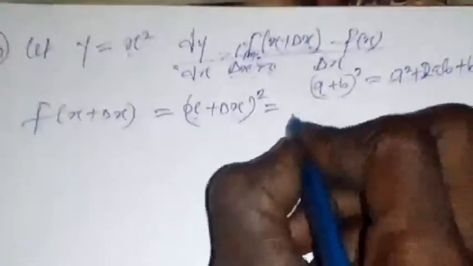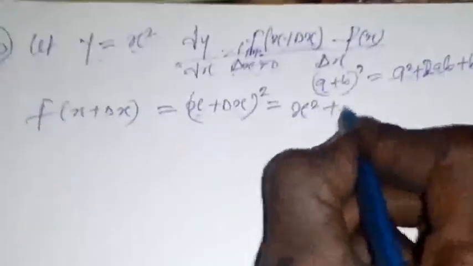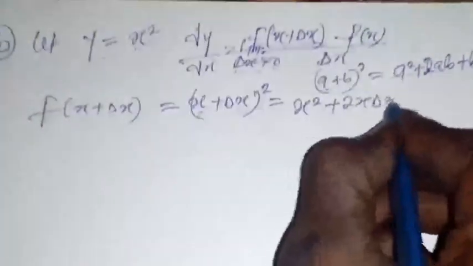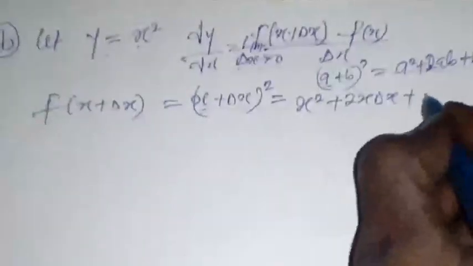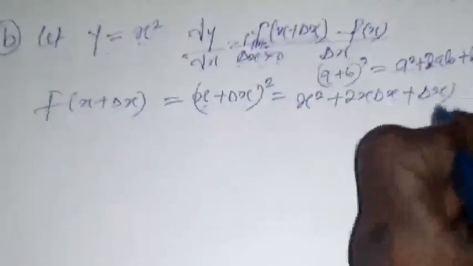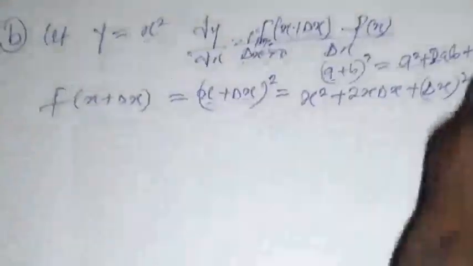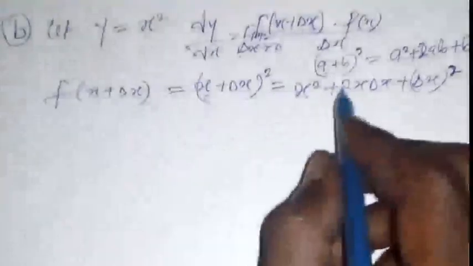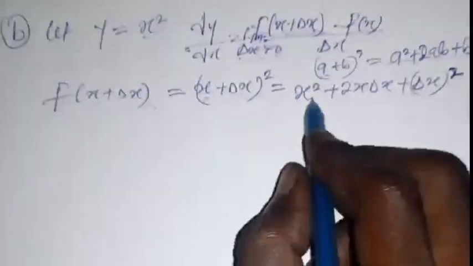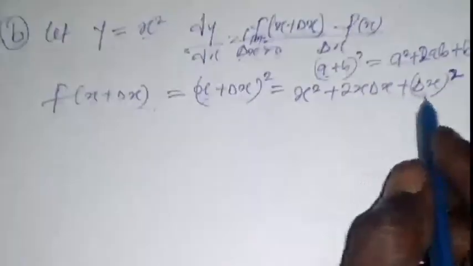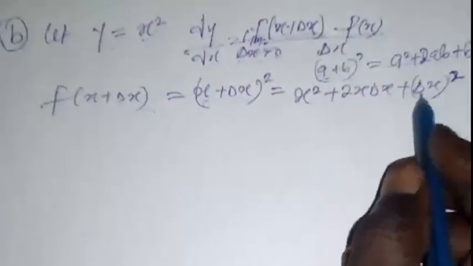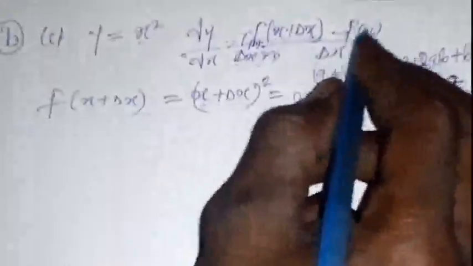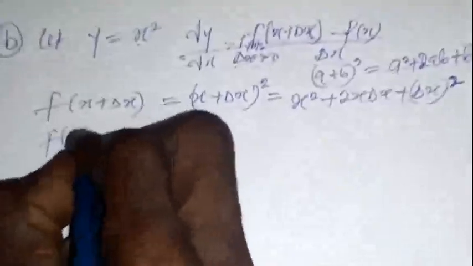Therefore, we can have x squared plus 2x delta x plus delta x squared. That is the evaluation of function of x plus delta x, and it gives us x squared plus 2x delta x plus delta x squared.